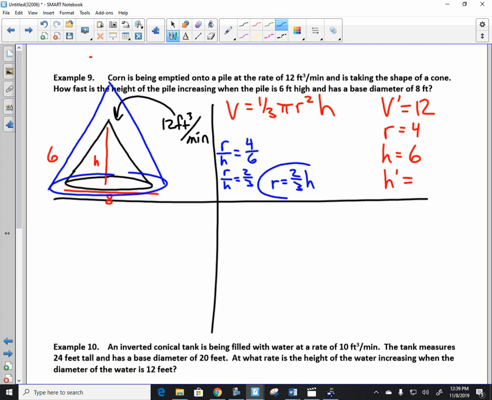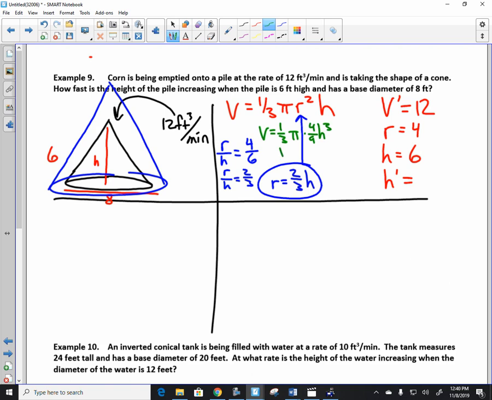What can I do with this? And if I do that, I get the volume is equal to 1/3 pi times, what do I get if I square 2/3 h? 2/3 h times 2/3 h. 4/9 h squared times h would be h cubed.